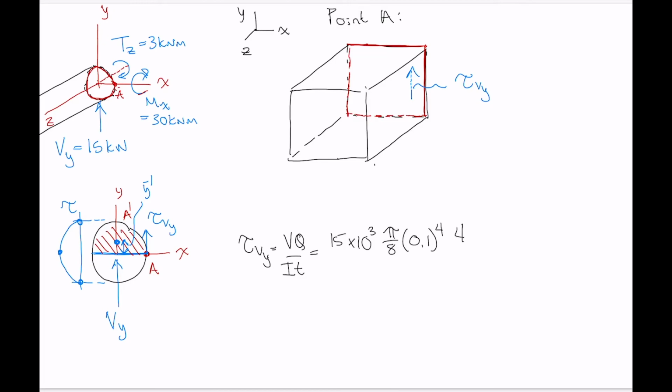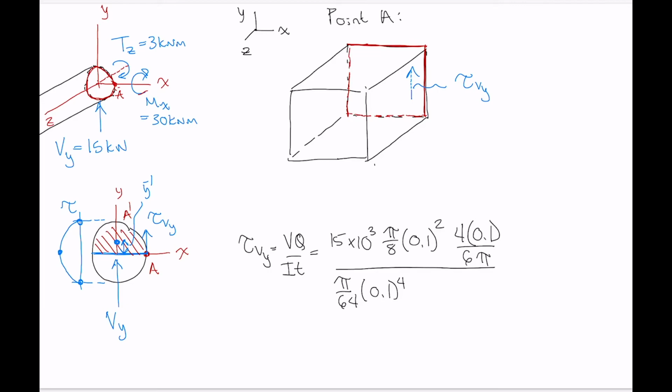So 4r over 3 pi, or 4d over 6 pi. So 4d over 6 pi there. And then we divide it all by I, pi over 64 d to the 4th power. And now I'm realizing that we've got a mistake here. This should be squared up here because that's area, pi over 4 d squared divided by 2.